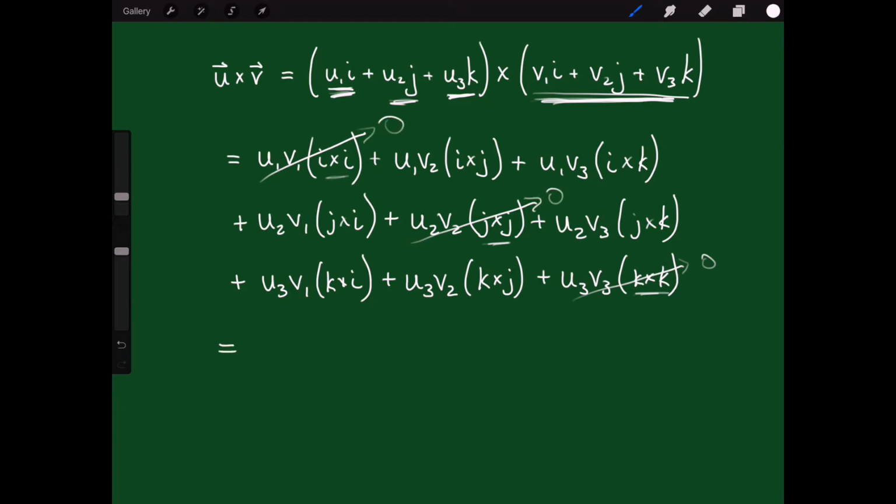Okay? So if I rewrite this, I get 0. And then I get U1 V2 times I cross J. But I cross J we said was K. So I get plus U1 V2 times K. Now I get plus U1 V3 times I cross K. I cross K is going the other direction of the circle.